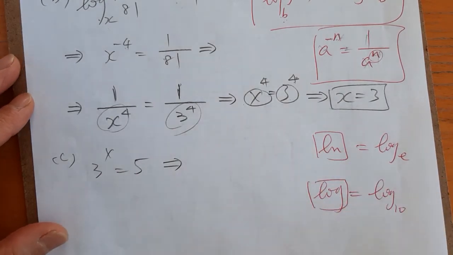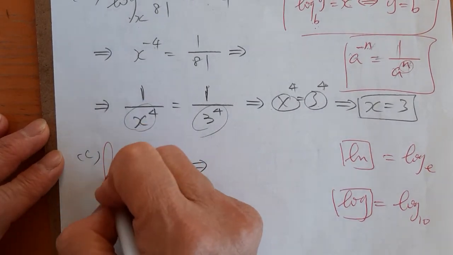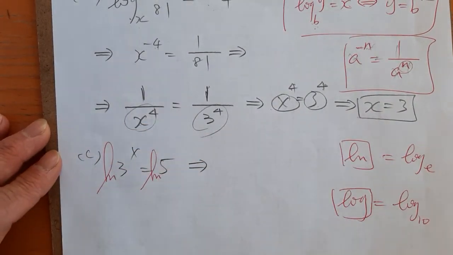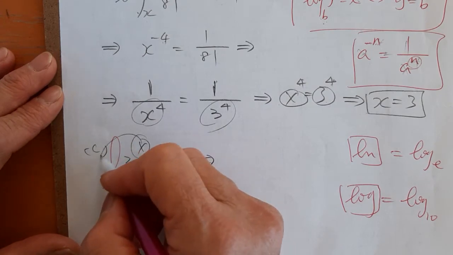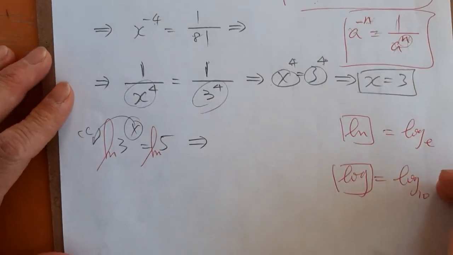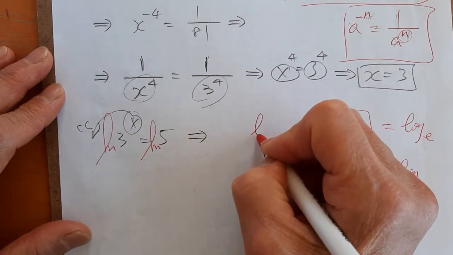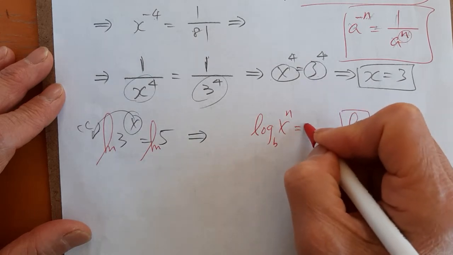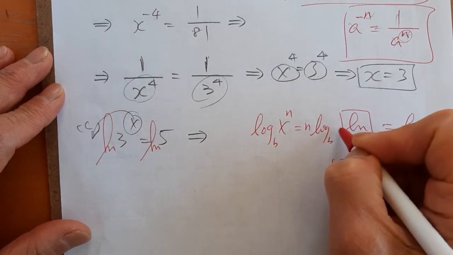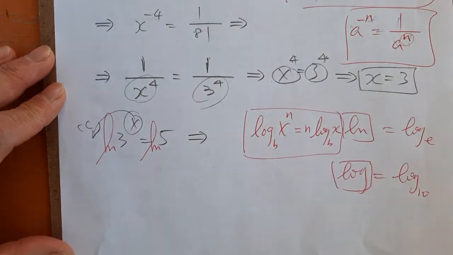On this question, you take ln of both sides and use the power rule. Power rule of logarithm: log base b of x to the power n equals n log base b of x. The exponent goes in front.